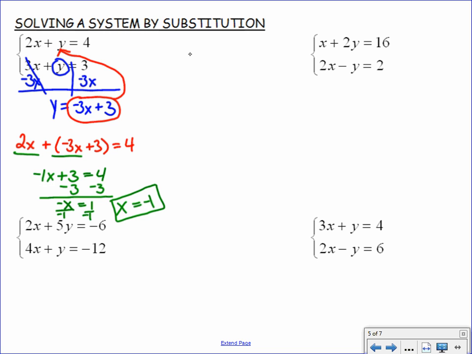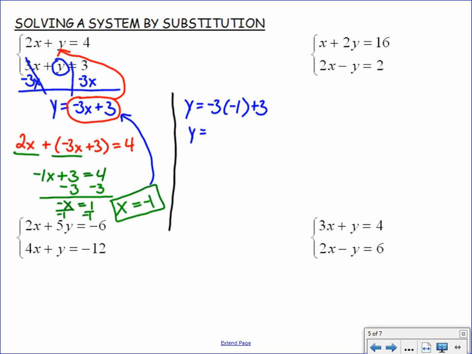So I'm going to go back to the top, and I'm going to plug in negative 1 into one of these two equations. Since we are looking for y, you can plug the x in right here. y is equal to negative 3 times negative 1 plus 3.